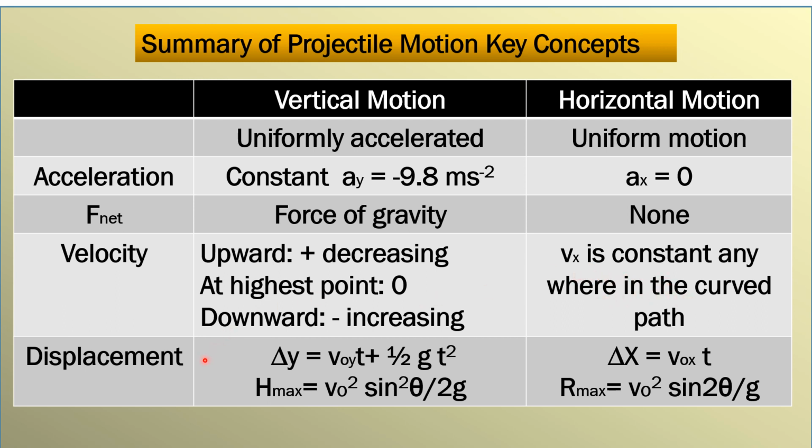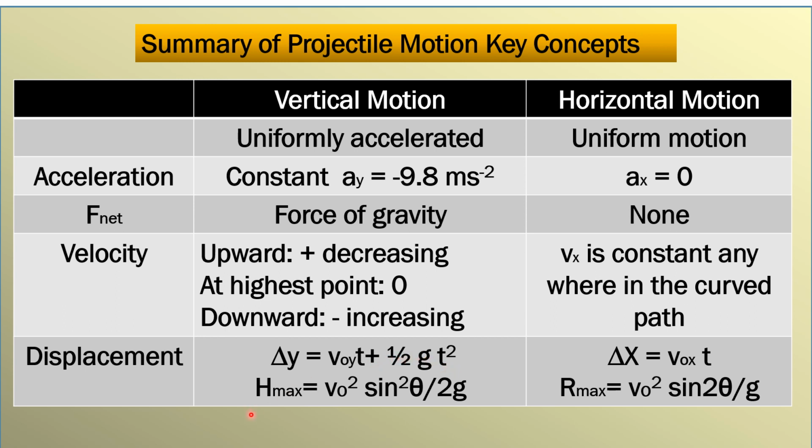And lastly, for the displacement, supposing you are trying to determine the vertical component labeled as delta y in terms of the time t and the given initial component of the velocity v sub naught y. The formula is simply delta y is equal to v sub naught y multiplied by the time plus 1 half g t squared.